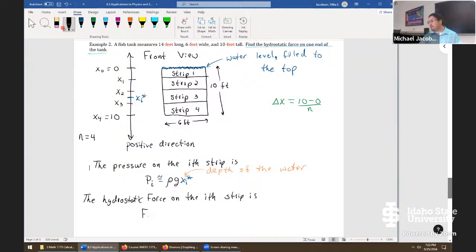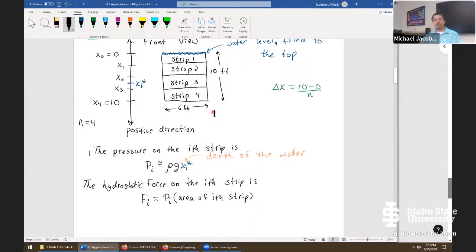So force on the ith strip, I'll call it Fi, is the pressure on the ith strip multiplied by the area of the ith strip. But the areas of all these strips are going to be the same. They have the same height, delta x, and the same width, 6 feet. They get a little bit trickier if, say, for example, this is a rectangle.